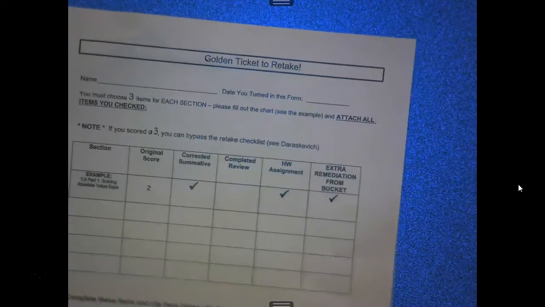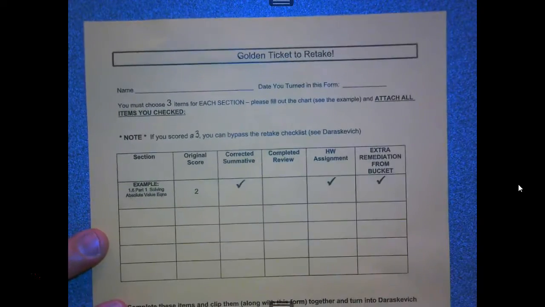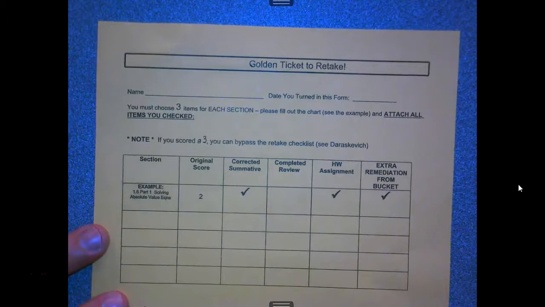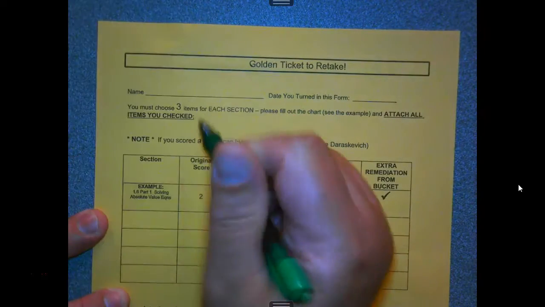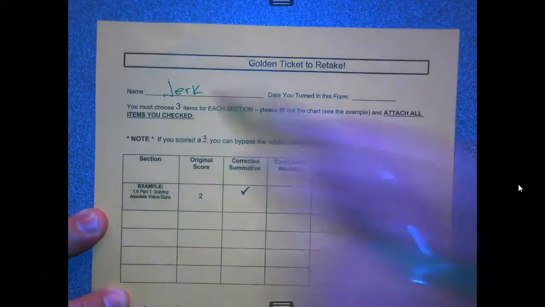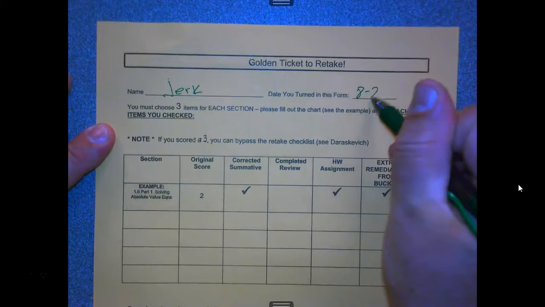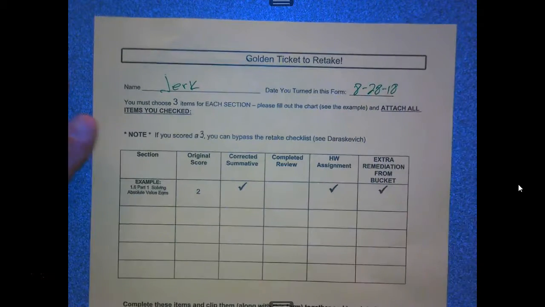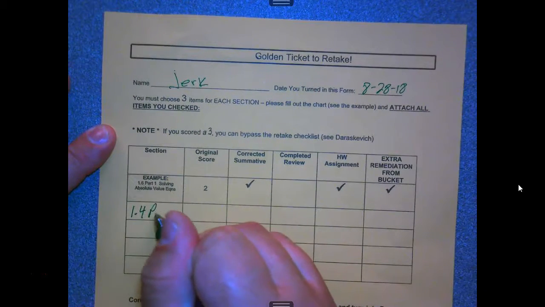So, if you get a 2 or a 1 on one of the sections that we're not going to redo next quiz, you want to retake that 1 or 2. And what you have to do is fill this out, your name, Kirk, and the date you turn this form in, 8/28/18. And let's see, you want to take 1.4 part 1 over.